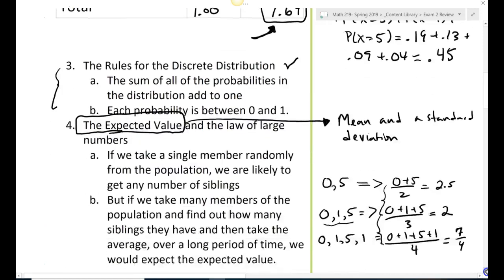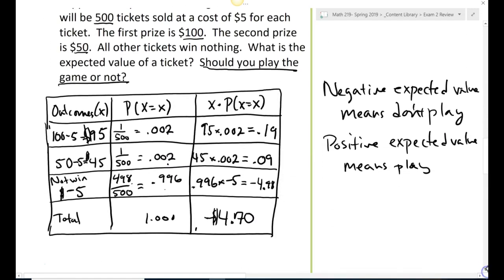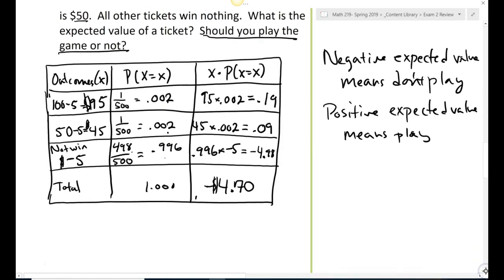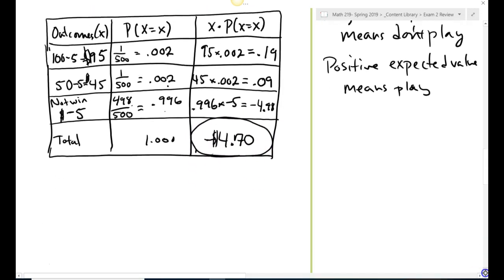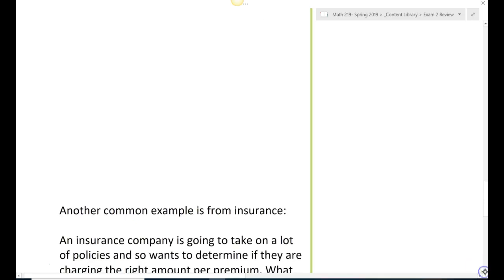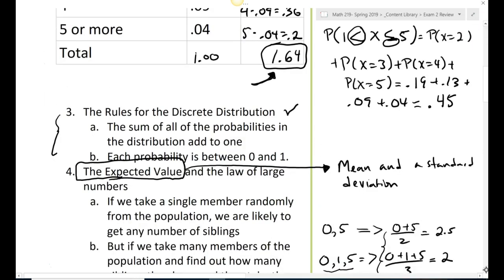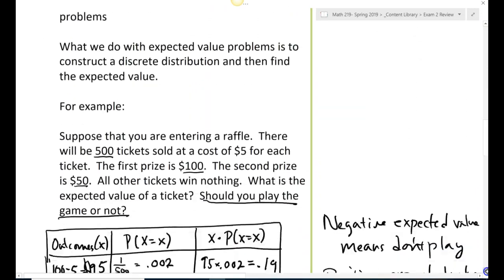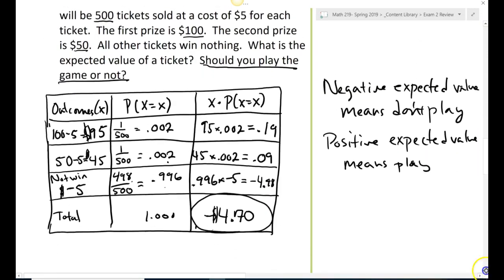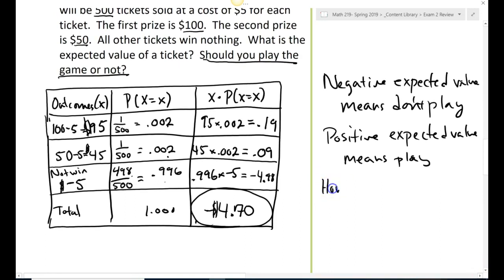What that means is it's the value that you are going to get for every one play, right? Each random ticket. For example, for the 500 tickets that we get, we can find how much money the company, or the raffle, will make.